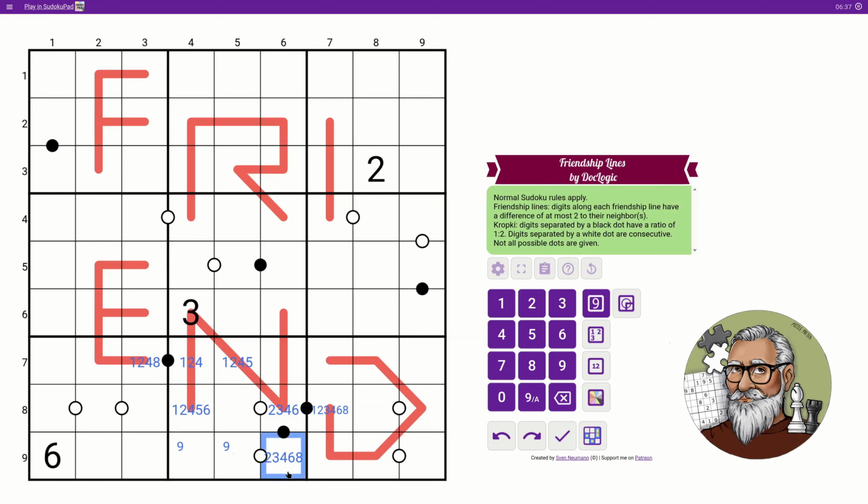Oh, this isn't 6 either. So this isn't 3, and this isn't 6. So where is 3 here? It's in one of those or here.